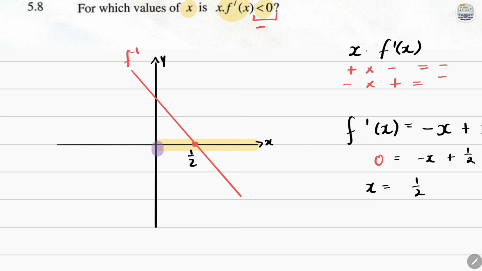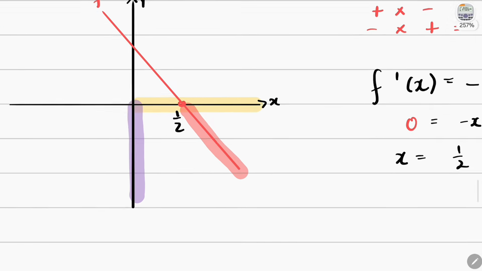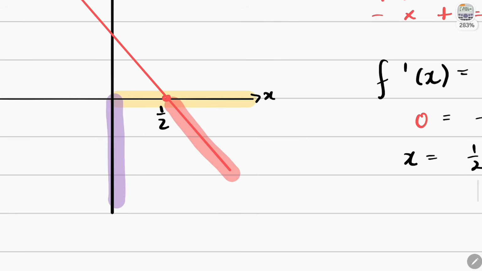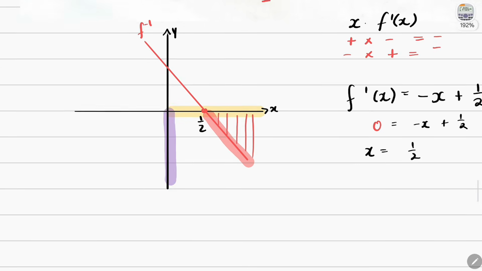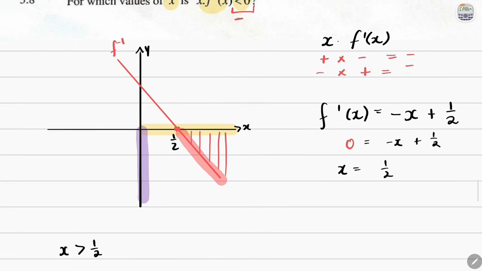That is this section over here, and you see that the graph exists in this category. Now we just have to tell them for which values of x this happens. If you line these points up to the x-axis, you see that this is specifically where x is greater than a half. These are values going towards the right-hand side of a half. So we got that one.